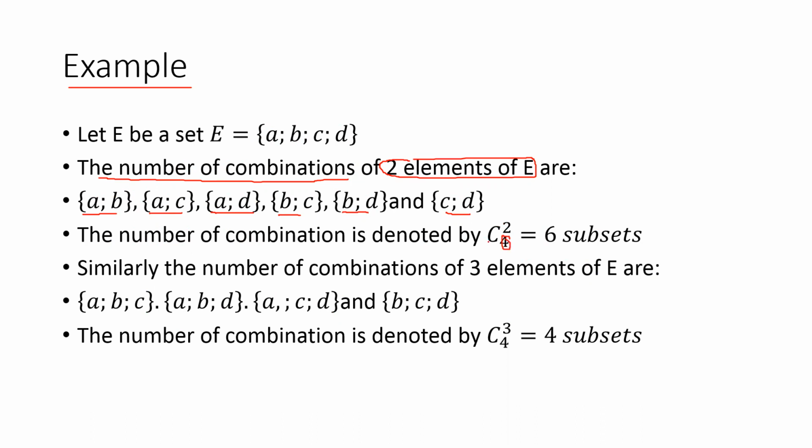The highest number 4 is the number I am choosing from, 2 elements. I write it C(4,2), or I can write it 4 choose 2, equal to 6 subsets.